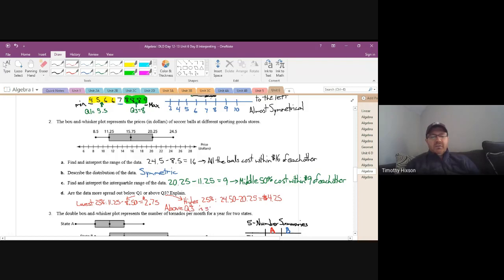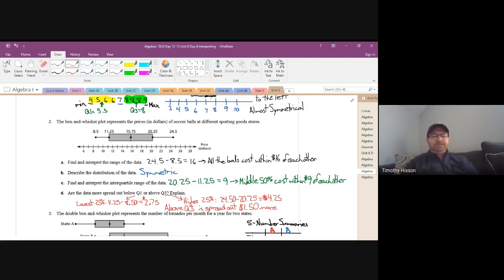And if you look at the values, it's actually spread out $1.50 more. Okay, so not a huge amount, but a little bit more.